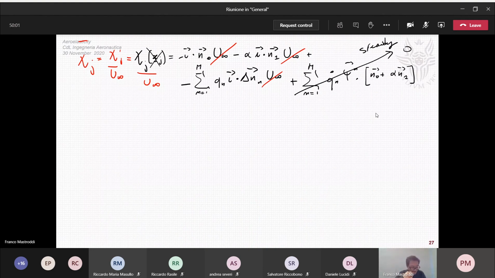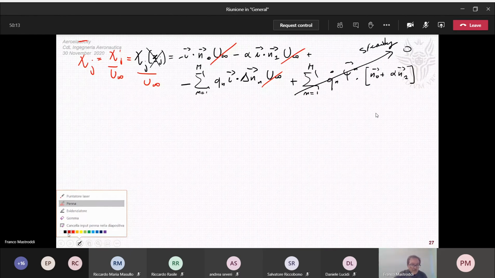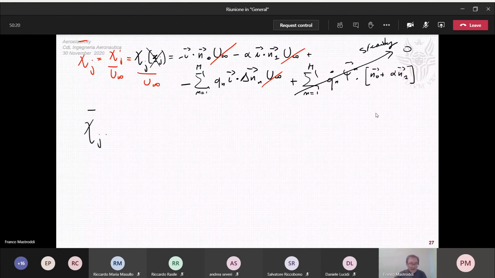We have that the normal wash in the case of a rotated wing, so this new boundary condition given by a rotated configuration around the angle of attack, is equal to minus I dot n0, minus alpha, angle of attack, I dot n1 vector, which is the vector useful for expressing the rotation of the normal.